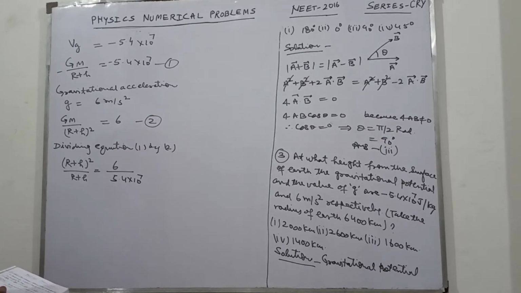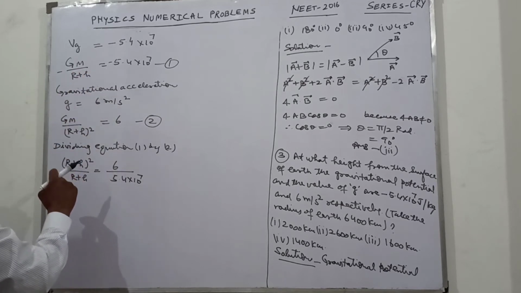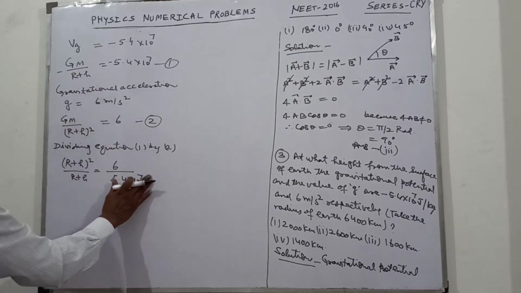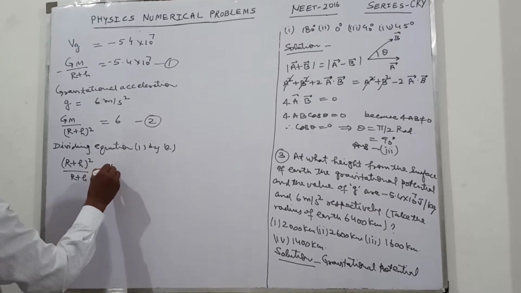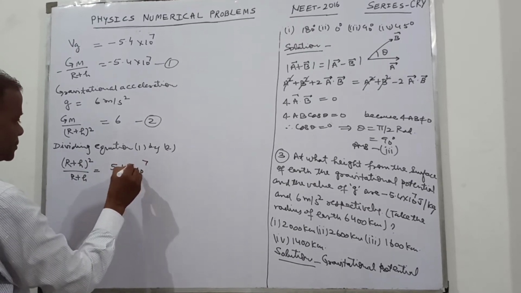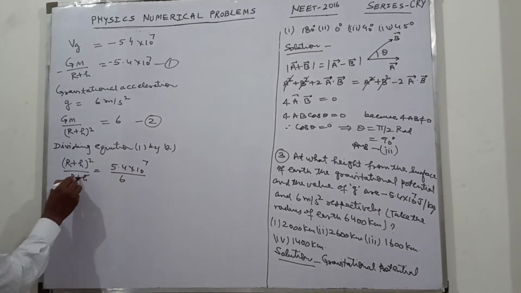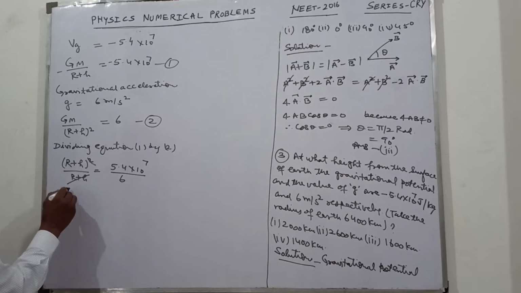Actually, it is the other way around: R plus H equals 5.4 into 10 raised to the power 7 upon 6. The R plus H whole square upon R plus H, one will cancel.